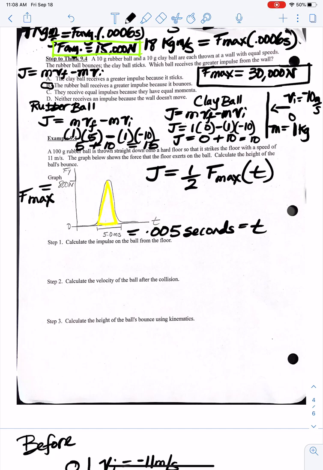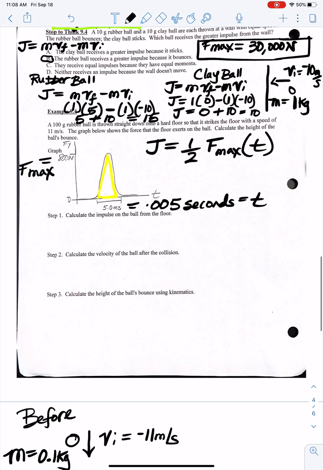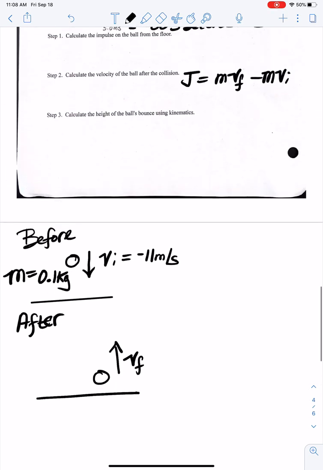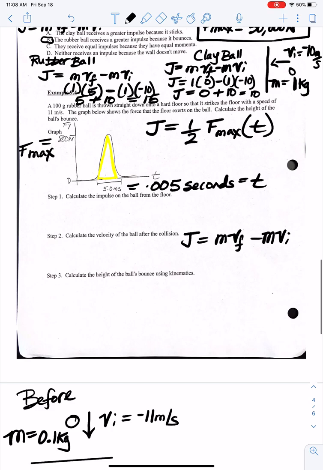Okay, so first thing, we'll calculate this impulse, and I think the idea is that if we know the impulse, we can then say down here that J equals mvf minus mvi, and get the final velocity after the collision. All right, so let's go ahead and do that, and then we'll worry about the height of the ball.